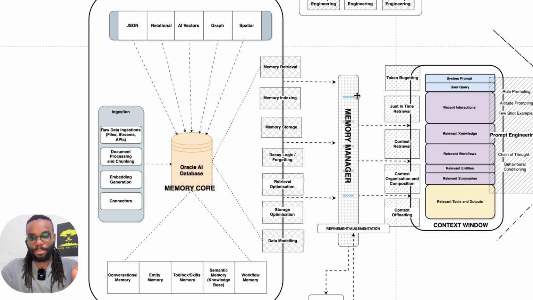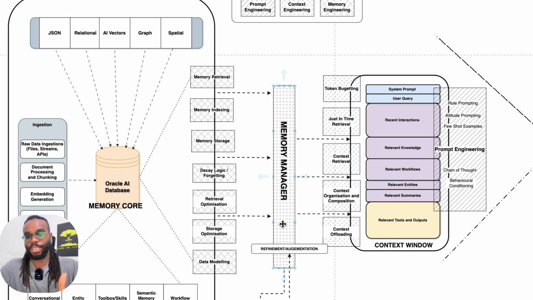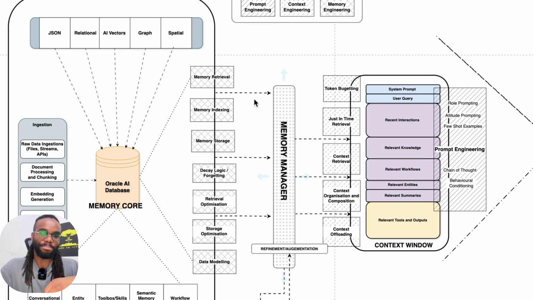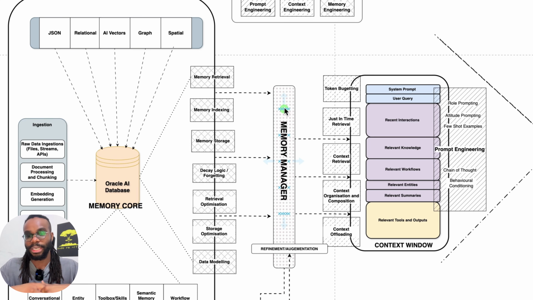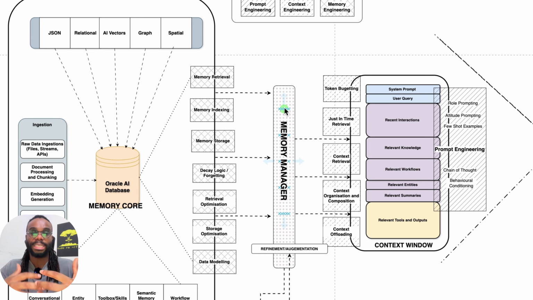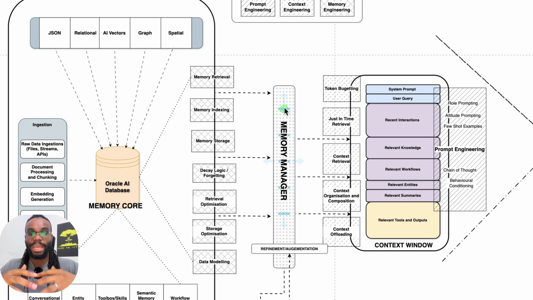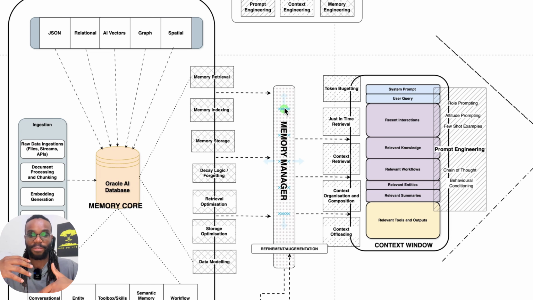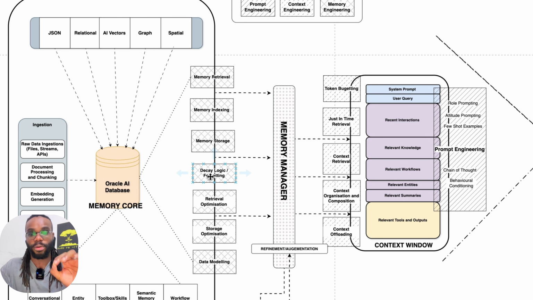Then between a memory core and the context window, you might have something that looks like a memory manager. Now, a memory manager is just a bunch of code that basically takes information and then transforms or acts on the information in a way that improves the ability for that information to be recalled, or in some cases, modifies the chances of that information being recalled. We do have to have some form of forgetting mechanism within memory or some form of decay logic.